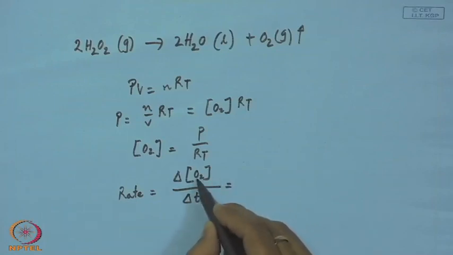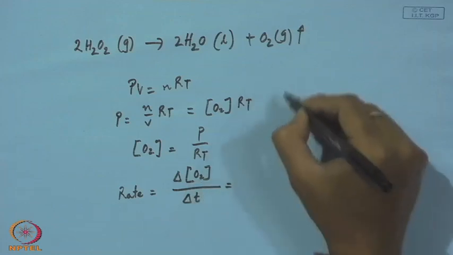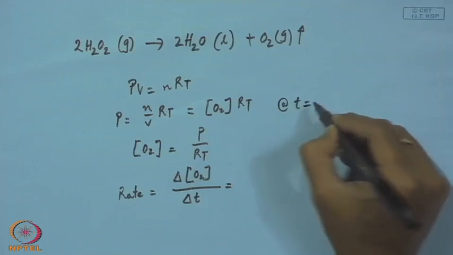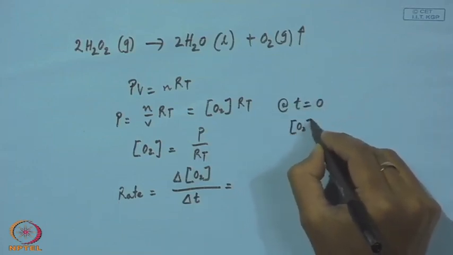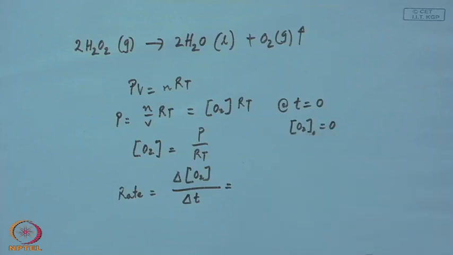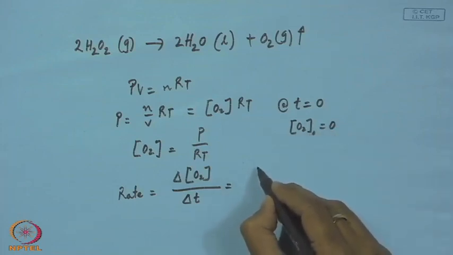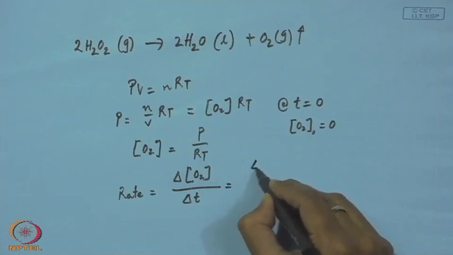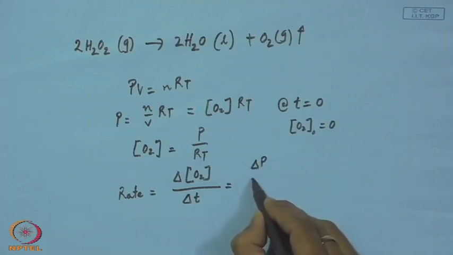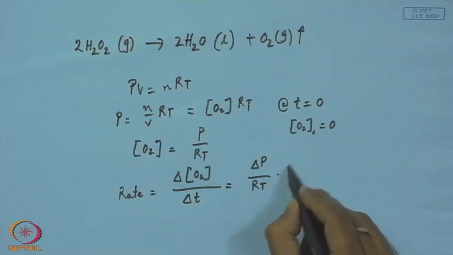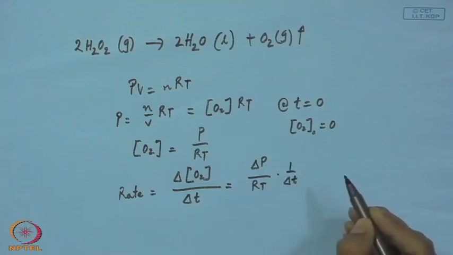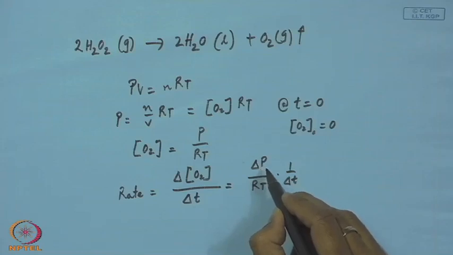So, basically delta O2 is nothing but O2, because at the very start there was no O2. Okay. So, at t is equal to 0, concentration of O2 is equal to 0. That is why it will be delta P by RT into 1 by delta t. Okay. Delta P means change in pressure.